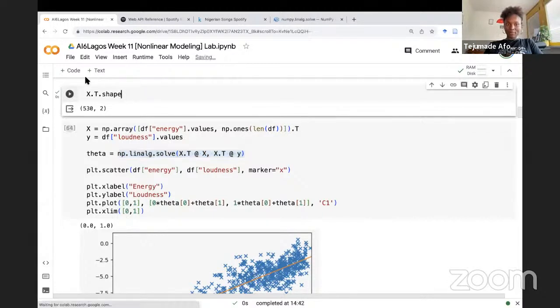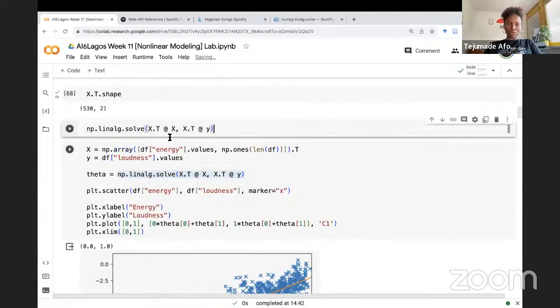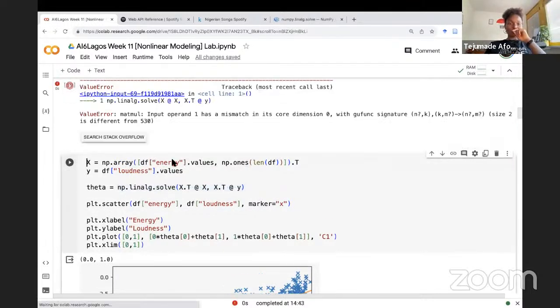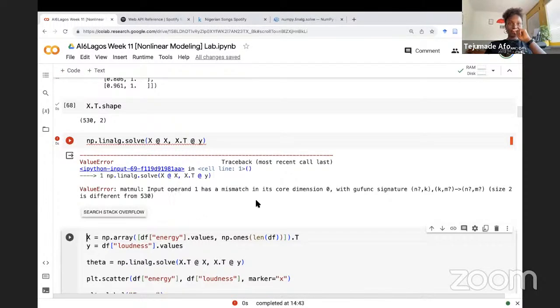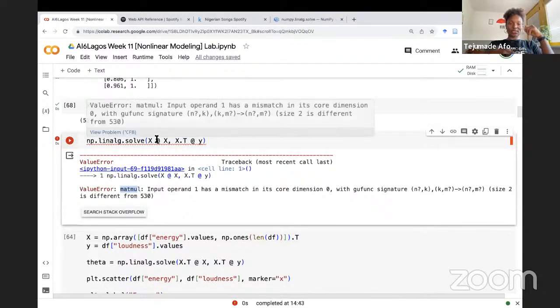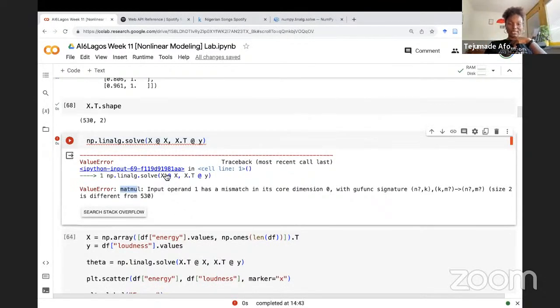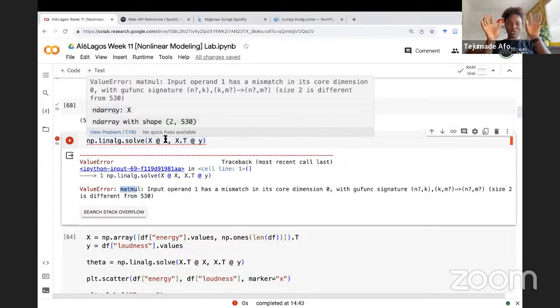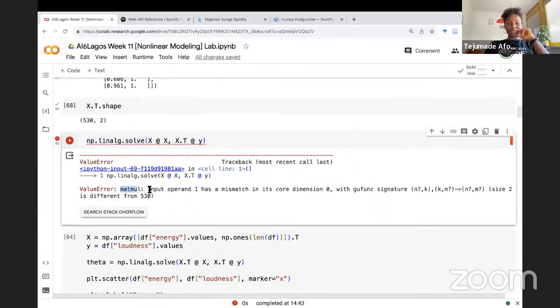A popular error, if you're new to this domain of transposing: let's forget the transpose, and then we try to solve it. You get an error that says matrix multiplication. What we just tried to do is also called matrix multiplication when you're considering two matrices.